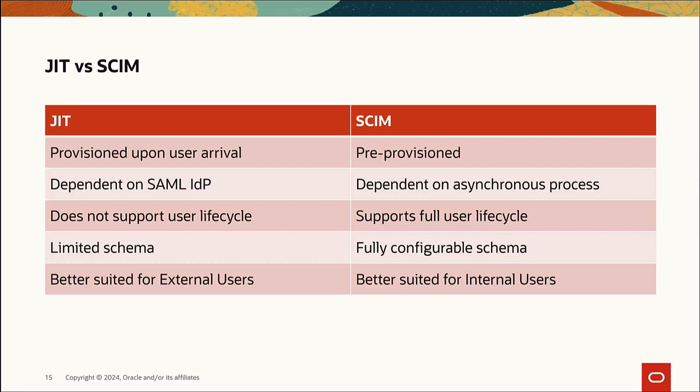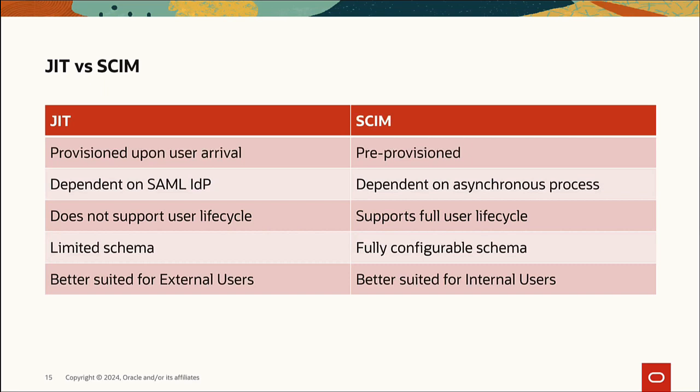So you want to be very careful with your user lifecycles. If a user is deprovisioned in the source IDP, you want to make sure that that percolates all the way to OCI IAM, and that all the target systems now are deprovisioned, right? So this will not happen if you're using just-in-time provisioning. It will happen if you're using SCIM, because you're setting up that SCIM integration channel between your IDPs and OCI IAM, depending on who's authoritative in this relationship.